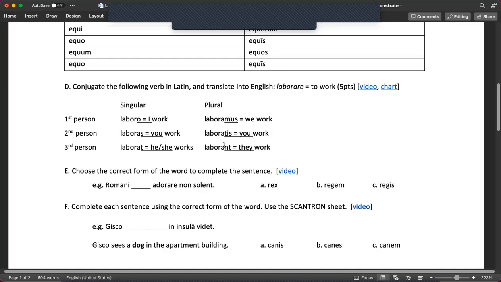Laboramus, laboratis, and laborant. So basically, to do well on this exam, you'll just have to know O equals I, S equals you, T equals he or she, mus equals we, tis equals you, and NT equals they. If you can do that, then part D on your exam will be flawless.